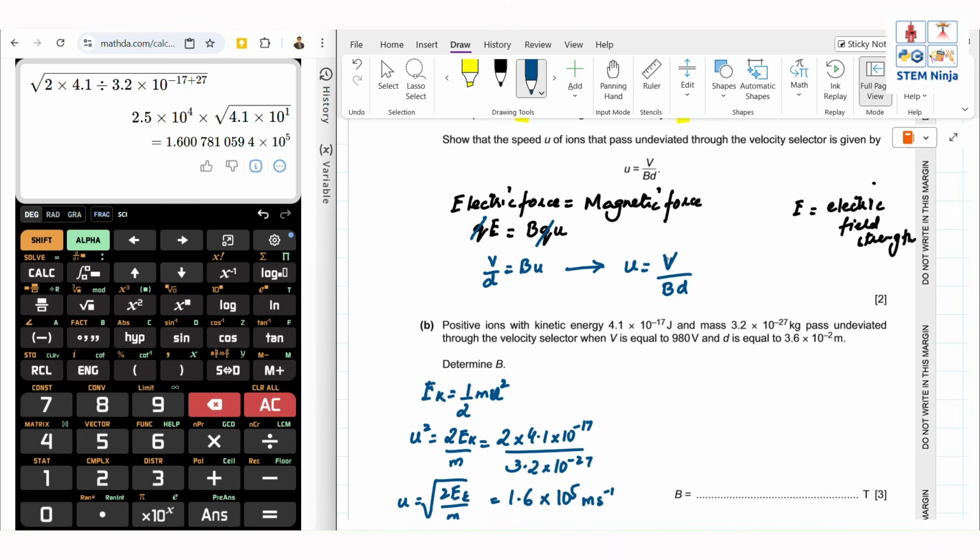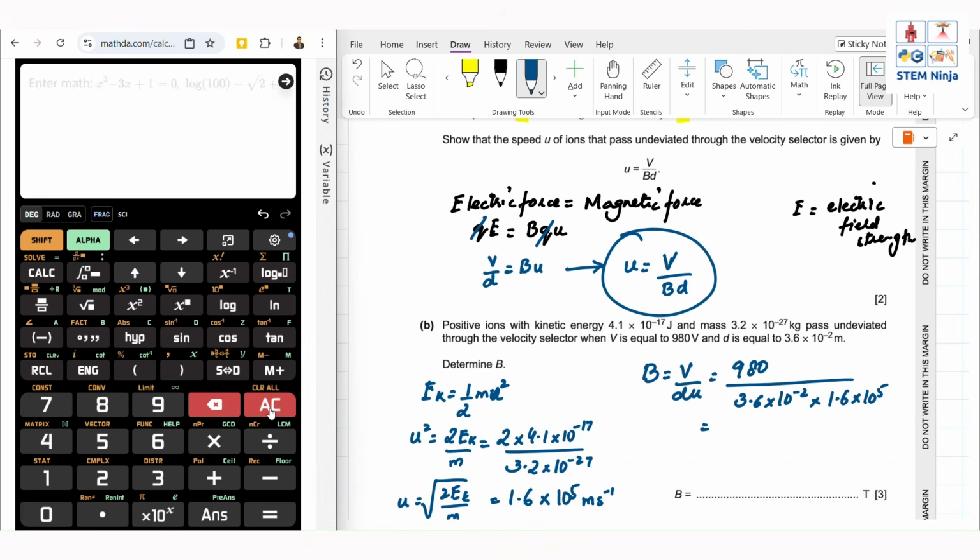And once we have that, we can just rearrange this equation to find out B. So B will be equal to V over DU. So V is 980 divided by D, which is 3.6 times 10 raised to power minus 2, times U that we have already found, 1.6 times 10 raised to power 5.